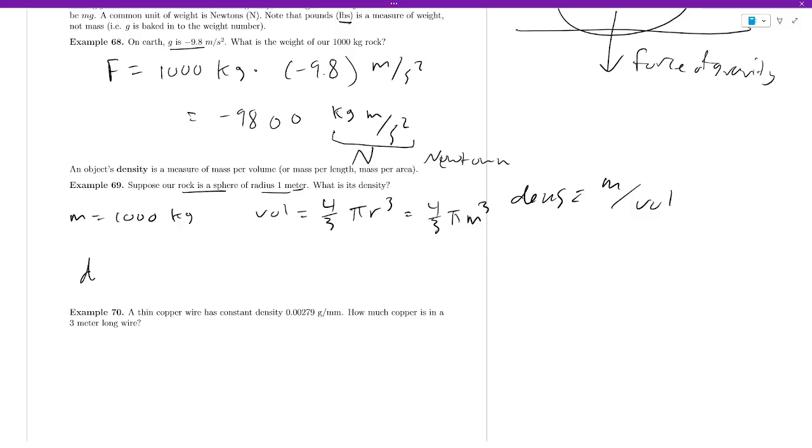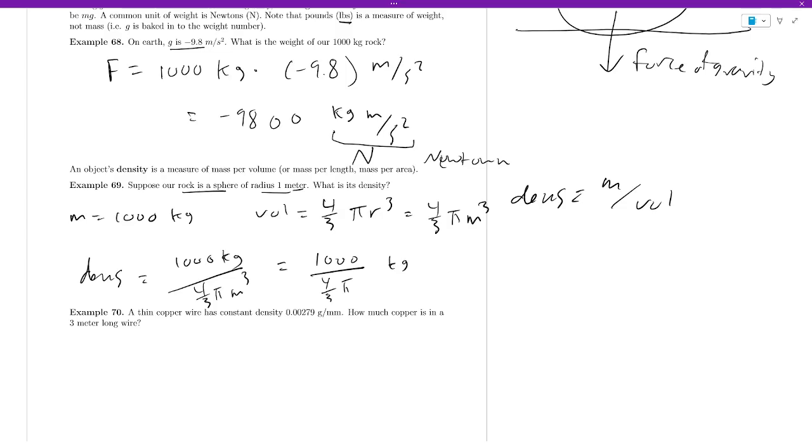So now we can get the density. The density is the mass, which is 1,000 kilograms, divided by the volume, which is 4/3 pi meters cubed. And we just get some number, 1,000 divided by 4/3 pi, whatever that is.